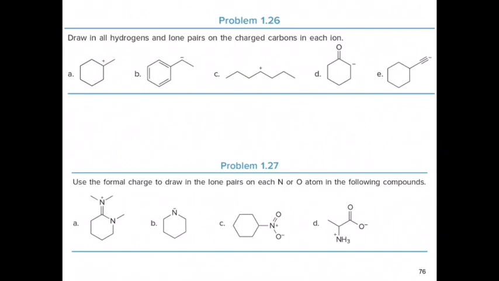in order for it to have a positive charge, remember that the formal charge is equal to the number of valence electrons of that atom minus the number of electrons that atom owns.